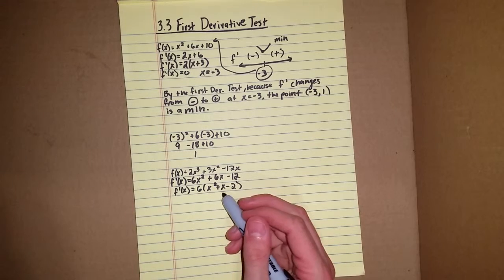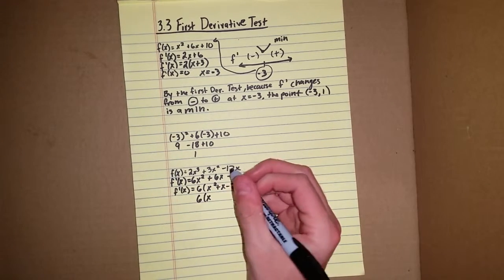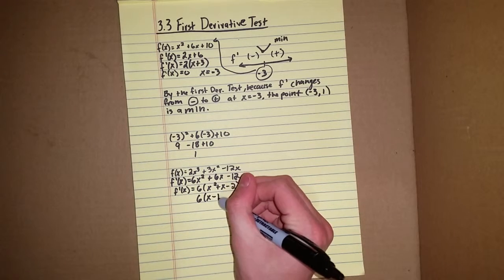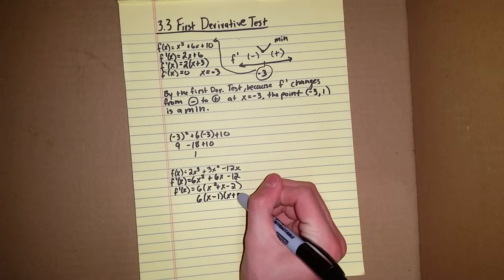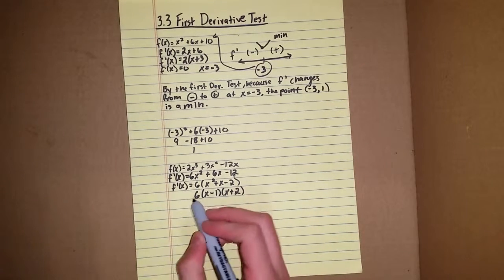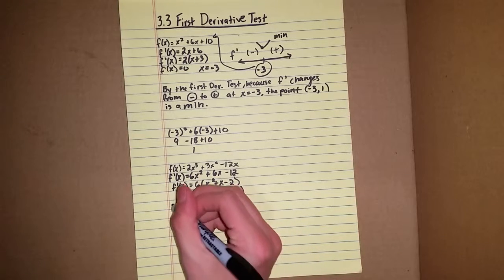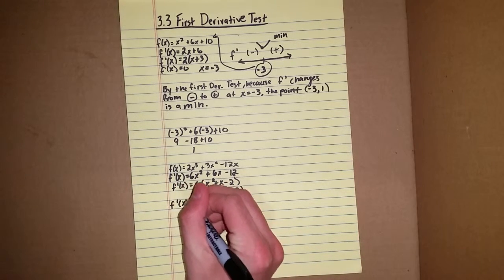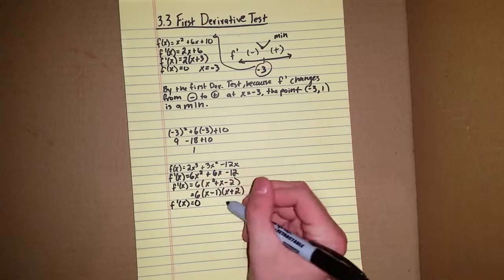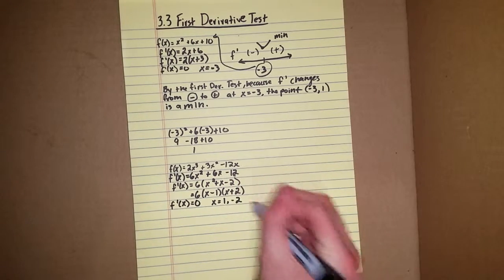And this can be factored even further to 6 times x minus 1 times x plus 2. So now set this equal to 0. So when does f prime of x equal 0? When x is positive 1 and negative 2.